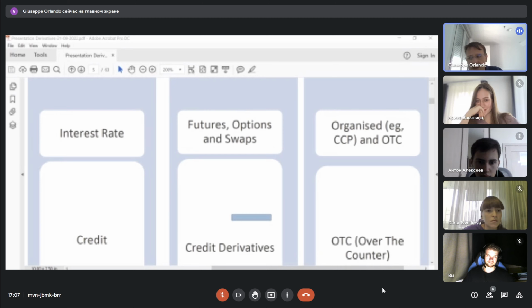And I pay a variable rate depending on the market condition, on the interbank rate, the interbank market. So what is the advantage for you? The advantage is that you pay always a given amount.